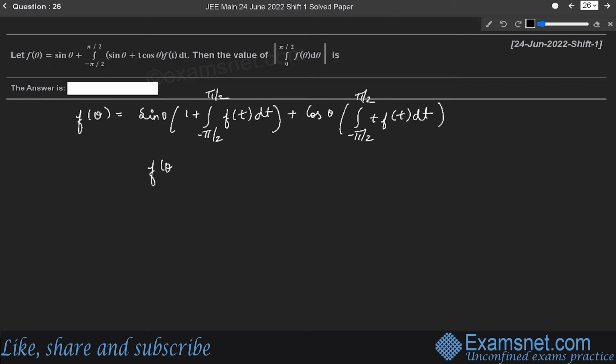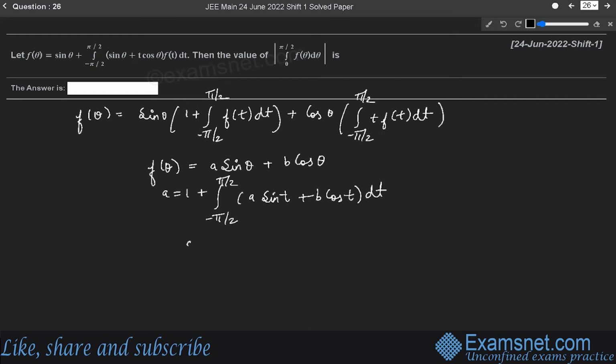Clearly, f of theta will be equal to a sine theta plus b cos theta, where a is equal to 1 plus the integral of minus pi by 2 to plus pi by 2 of (a sine t plus b cos t) dt. So a will be equal to 1 plus 2b. Let this be equation number 1.